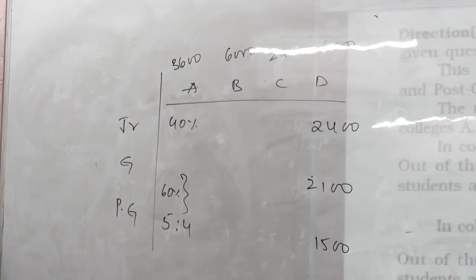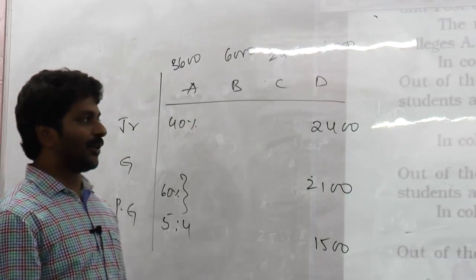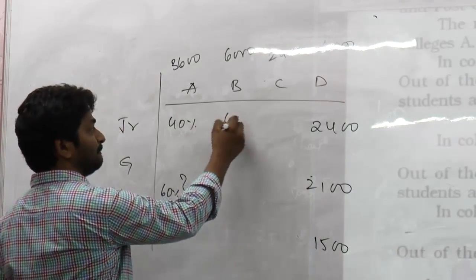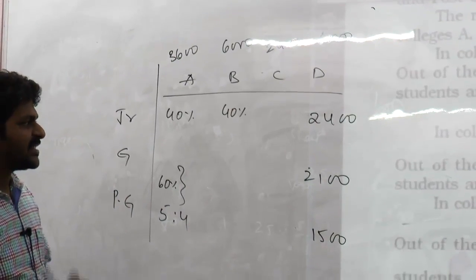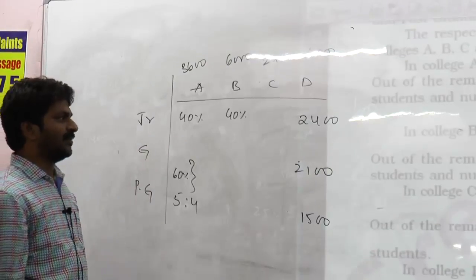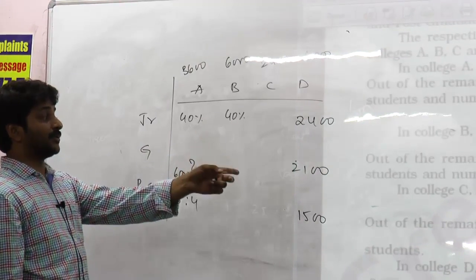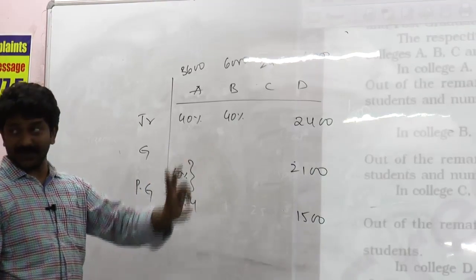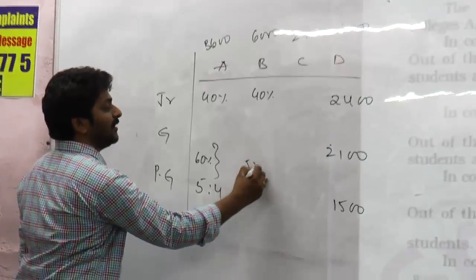And B, in college B, 2/5 of the total number of students are junior colleges, 2/5 in the sense 40%. Out of the remaining 60%, the respective ratio between graduates and postgraduates is 5:3. Same percentage, 60%, but now the ratio becomes 5:3.